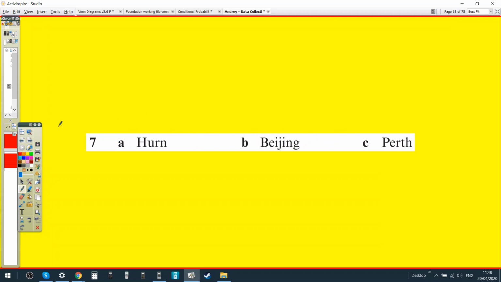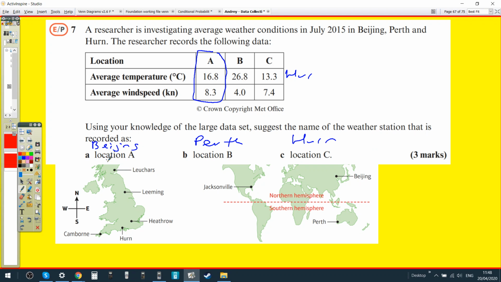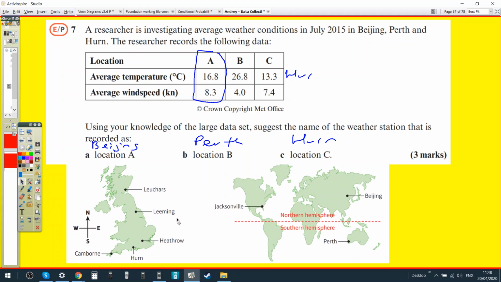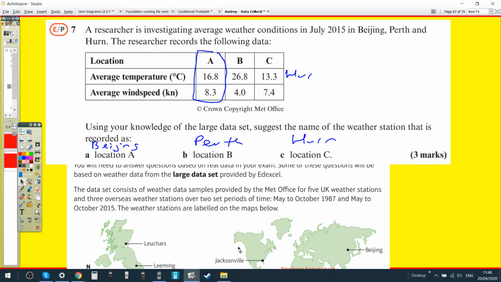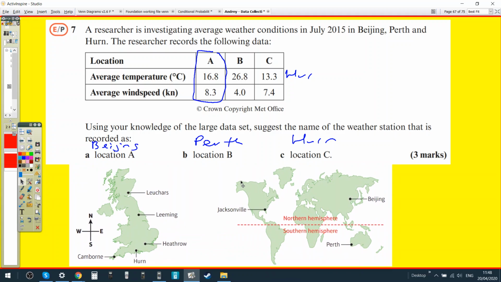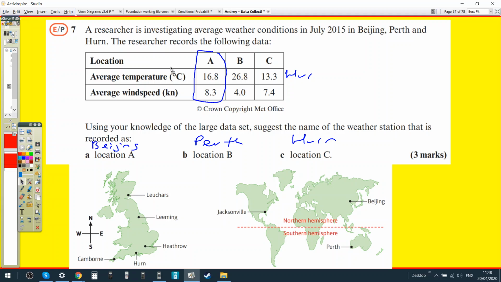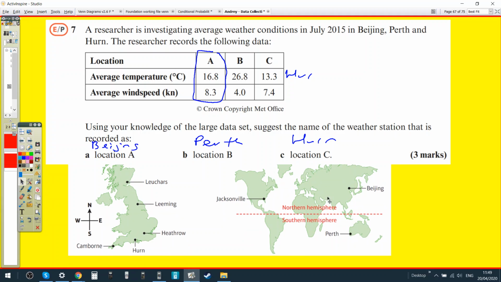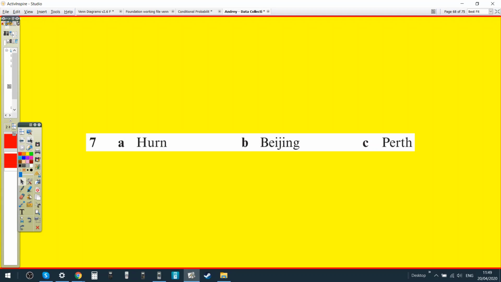No. Why statistics? Why must you do the real world? Definitely my least favorite of all worlds. Let's see. How are we supposed to know this? I don't know. Southern. So, what are they saying?